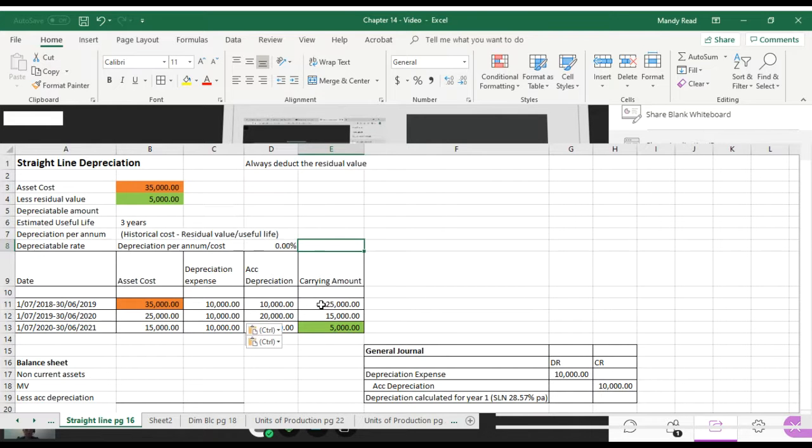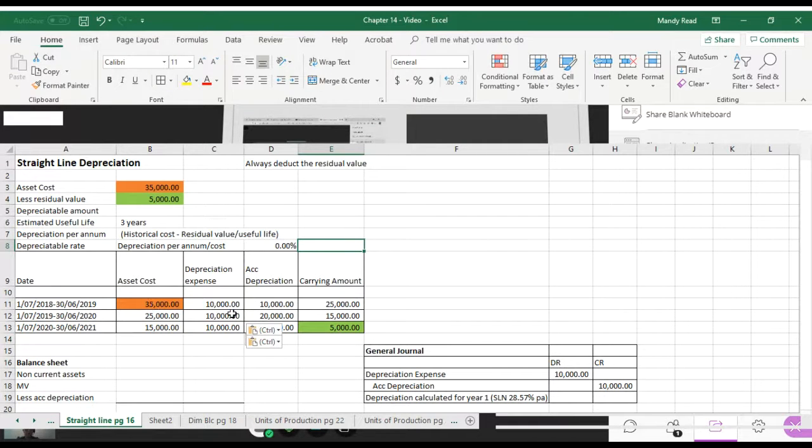The carrying amount at the end of the year is going to be the historical cost less the depreciation for that year, so our carrying amount at the end of the year is $25,000. We then carry that amount over to the start of the next year, so this column can also be headed opening written down value.